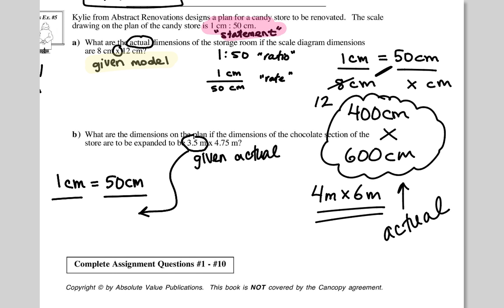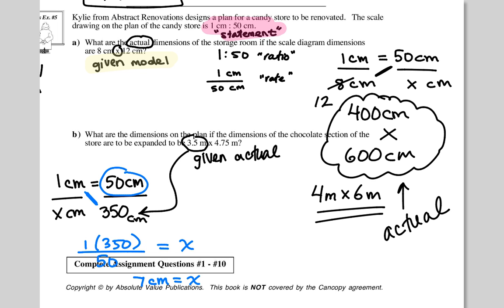So that 3.5 has to go in as 350. And then I can solve for X centimeters, what it would be in the model. Now, if you follow the cross multiplication here, this time it's backwards. 1 times 350, is that going to give us anything different? But then to get X, you have to divide out 50, and hence there's the divide. 350 divided by 50 is 7.